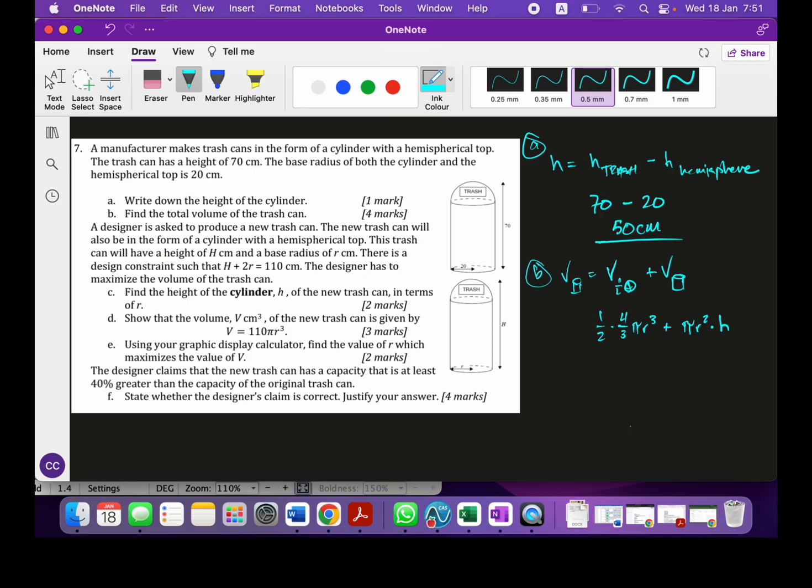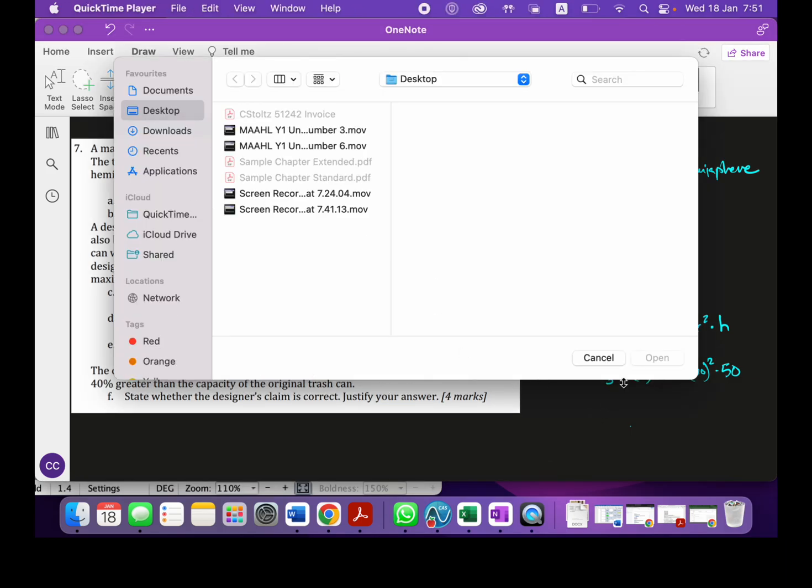Okay, a little bit of math here. We end up with 2/3 pi times 20 cubed plus pi times 20 squared times that 50 that we found in the first part.